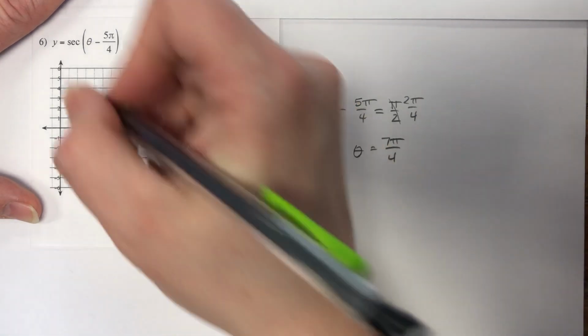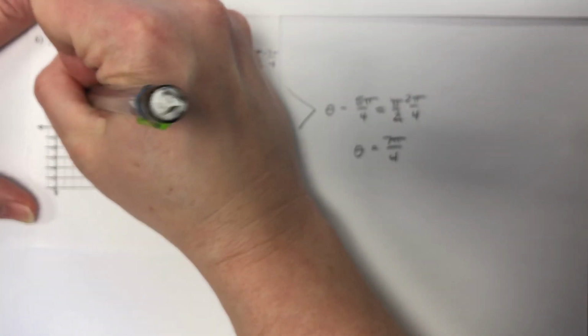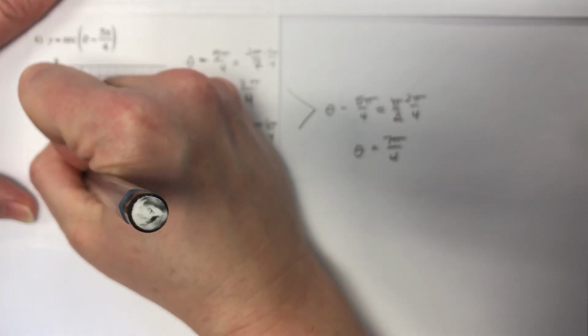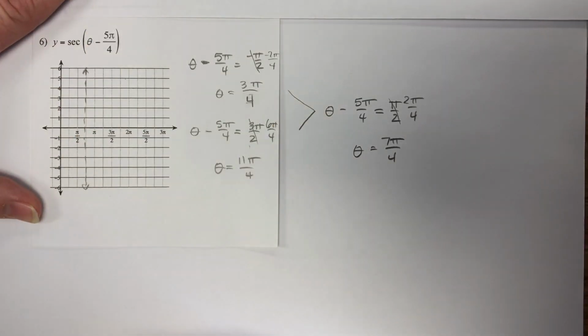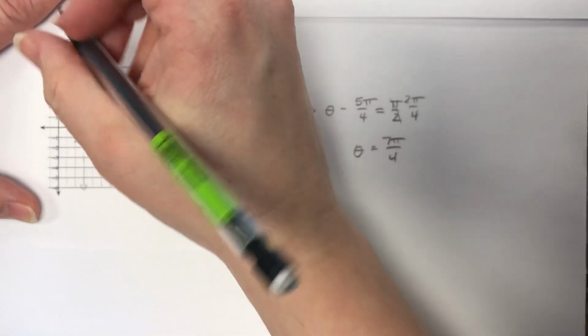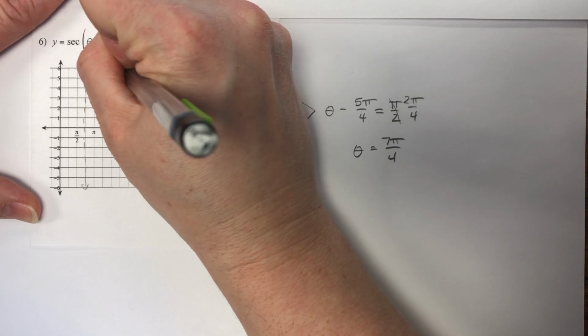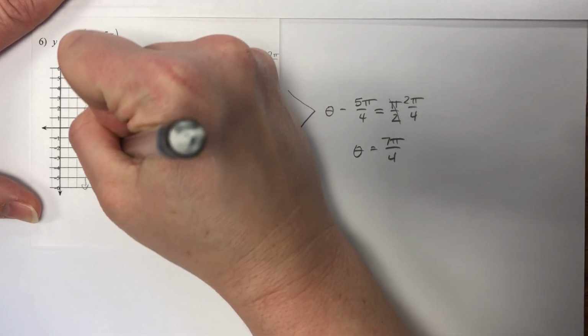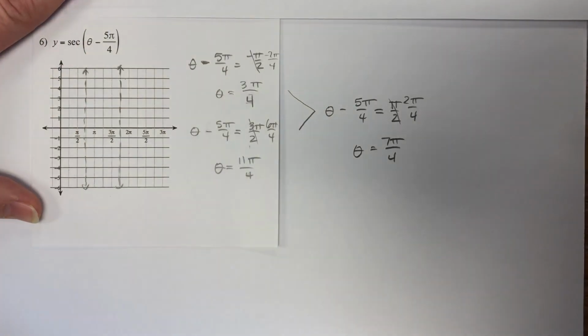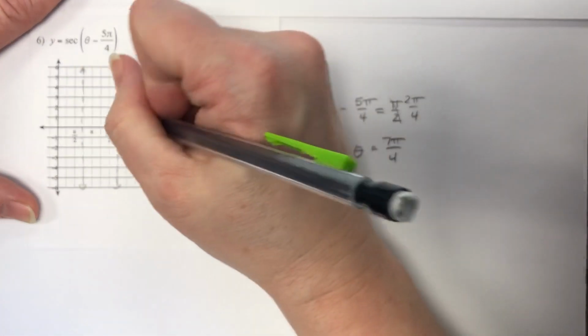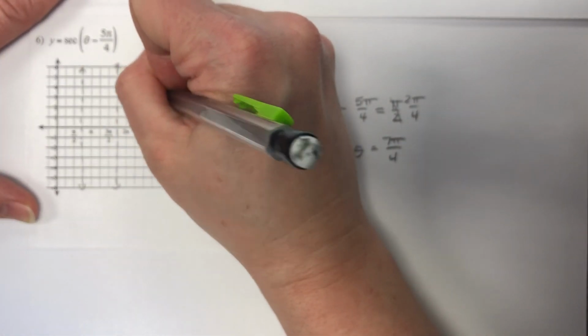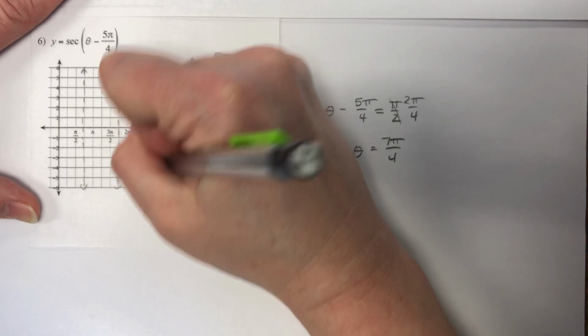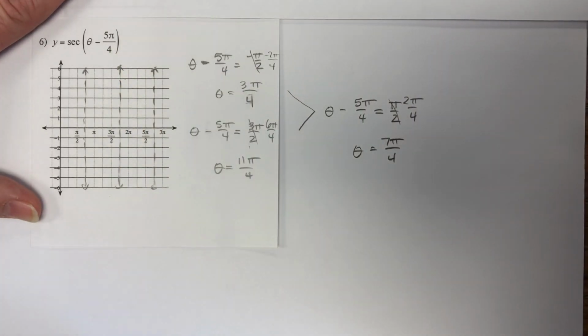Okay? So here is 3 pi fourths. Seven pi fourths. And 11 pi fourths.